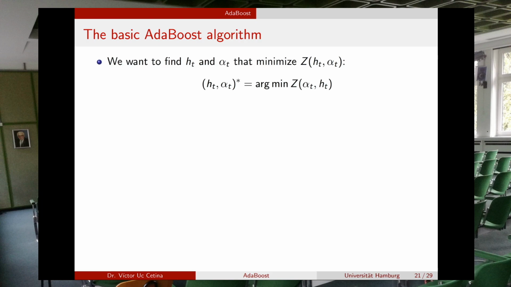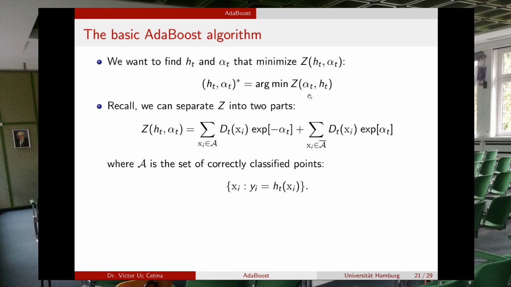And since this expression of this factor Z is a way to measure the error of our current classifier t, we want to find a pair of classifier and alpha that minimize this measure of error. And we can do that. So we are interested in some optimal pair star, or optimal pairs of weak classifier and alpha, that minimize this function.